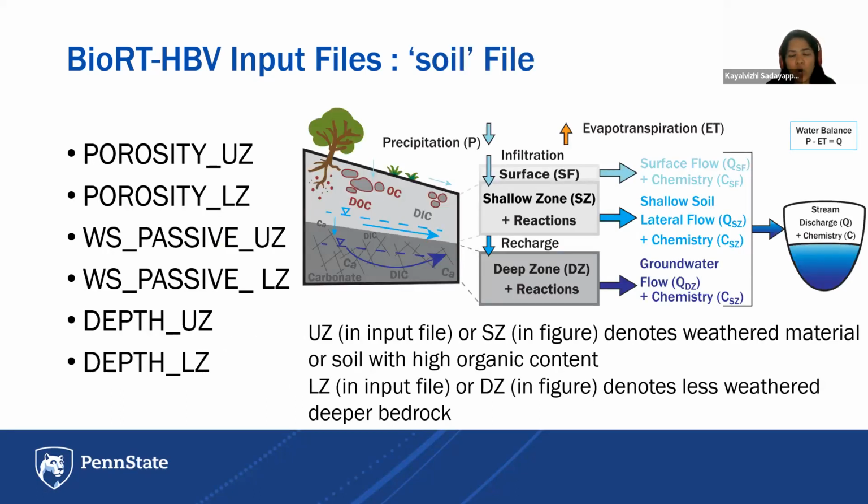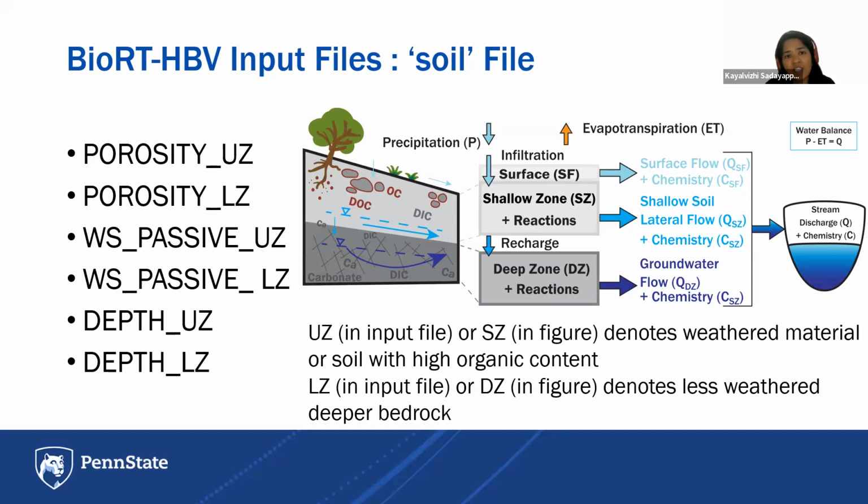If you look at the BioRT-HBV structure, you can find that there are mainly two zones, shallow zone and deep zone in the subsurface. Shallow zone or upper zone in the input file denotes weathered soil material that contains a large amount of organic matter, whereas deep zone or lower zone denotes less weathered, deeper bedrock material.